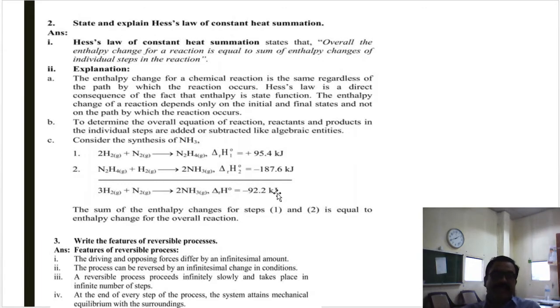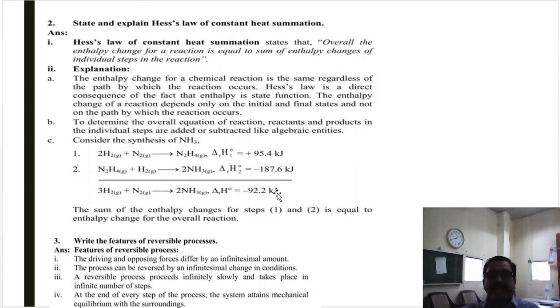For example, consider the synthesis or formation of ammonia gas. This reaction takes place in two different steps. In step number 1, hydrogen reacts with nitrogen to form N2H4, that is, 2H2 gas plus N2 gas gives N2H4 gas.